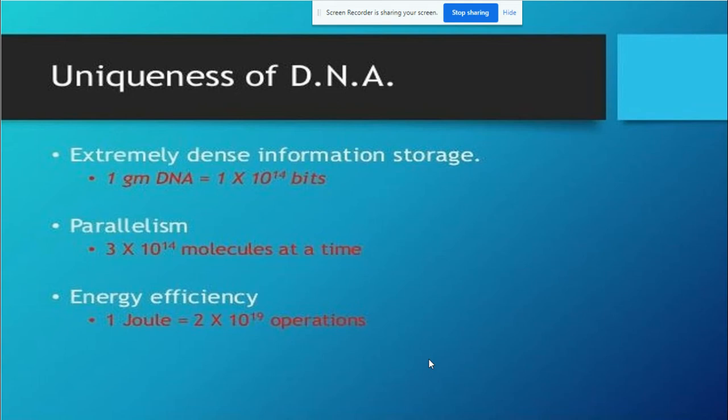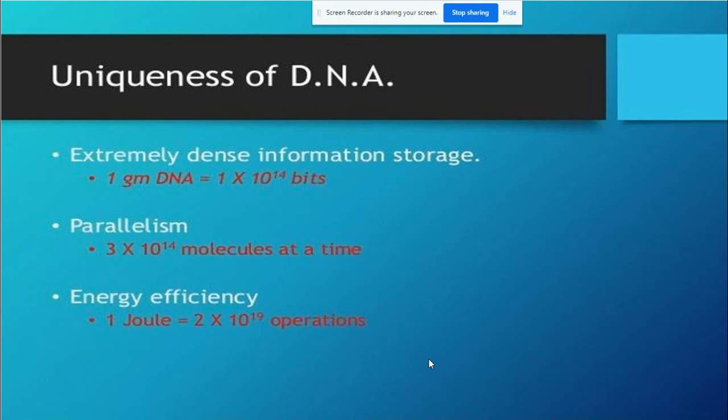Parallelism and energy efficiency. In extremely dense information storage, we do the calculation: 1 gm DNA equals 1 into 10 to the power 14 bits. In parallelism, the exact calculation is 3 into 10 to the power 14 molecules at a time.